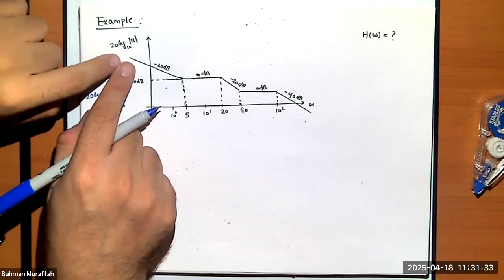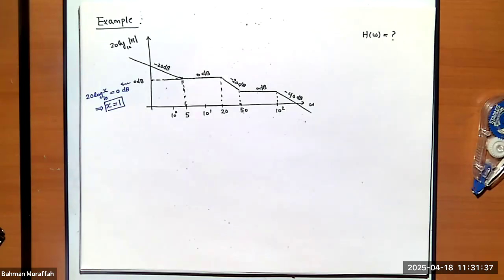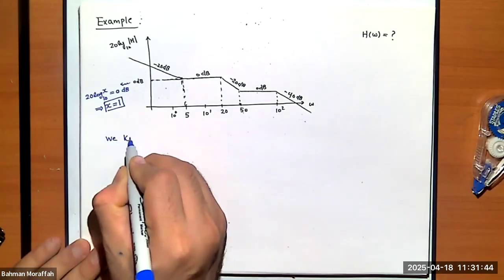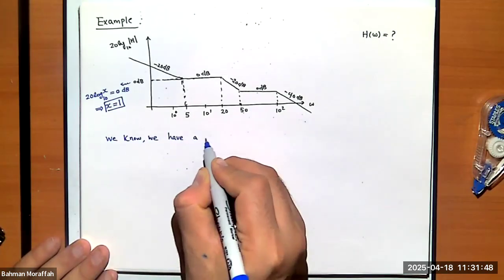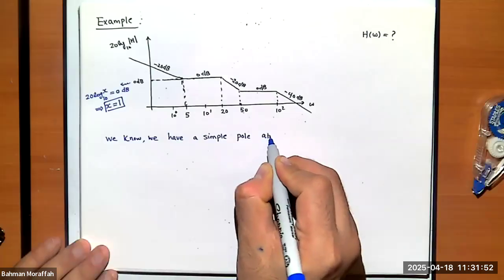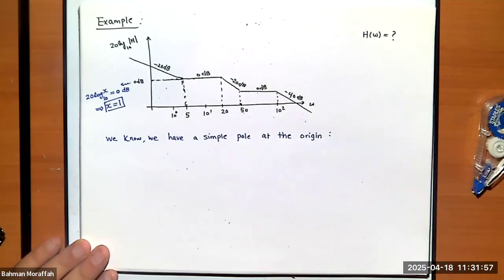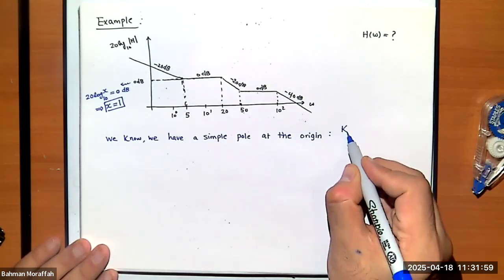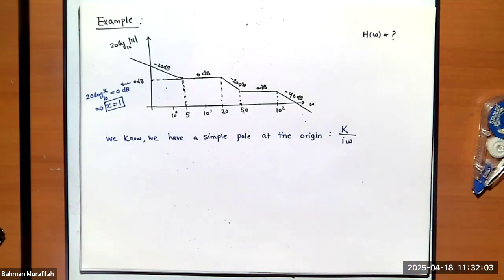But remember, the whole thing over here is a simple pole at the origin. If you want to use that, that's basically this constant divided by i omega.